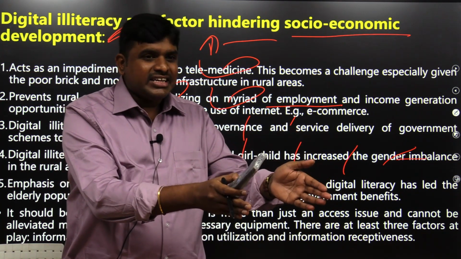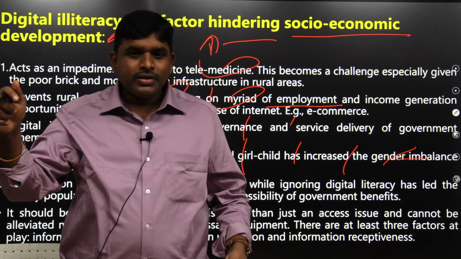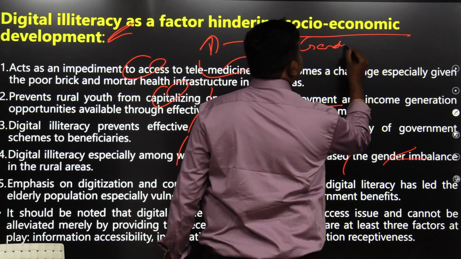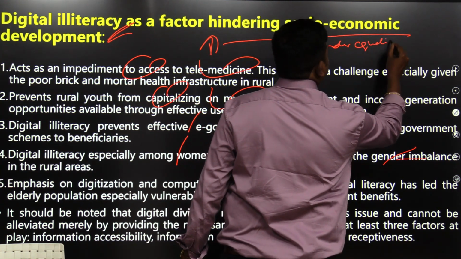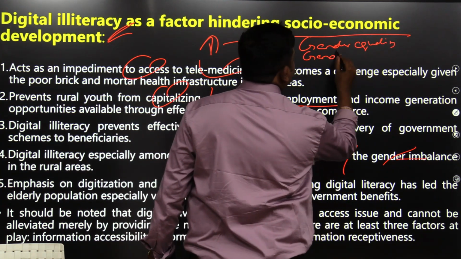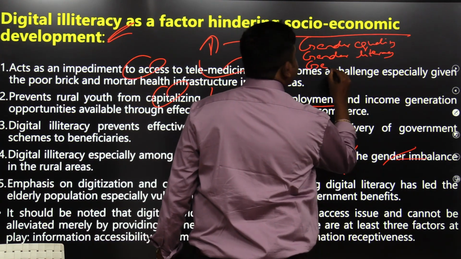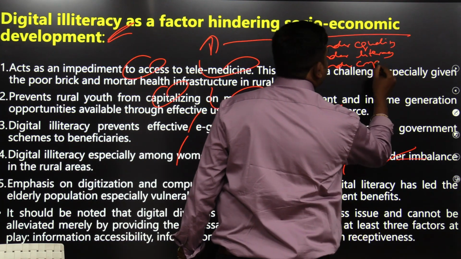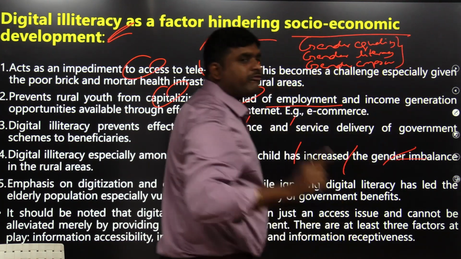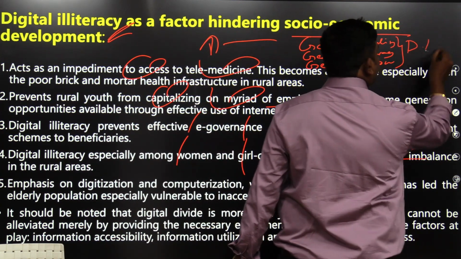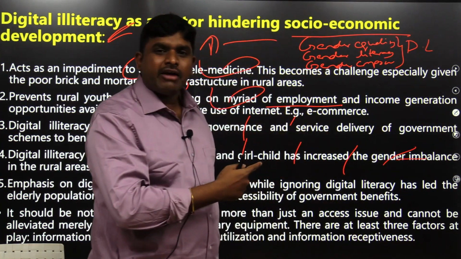You can draw a diagram: gender equality, gender literacy, gender empowerment. Now this can be possible by one mechanism, which is called digital literacy. Why? Because women are backward in digital literacy.